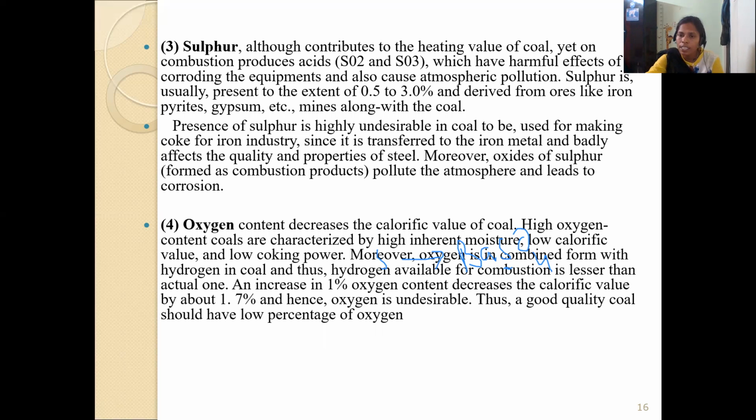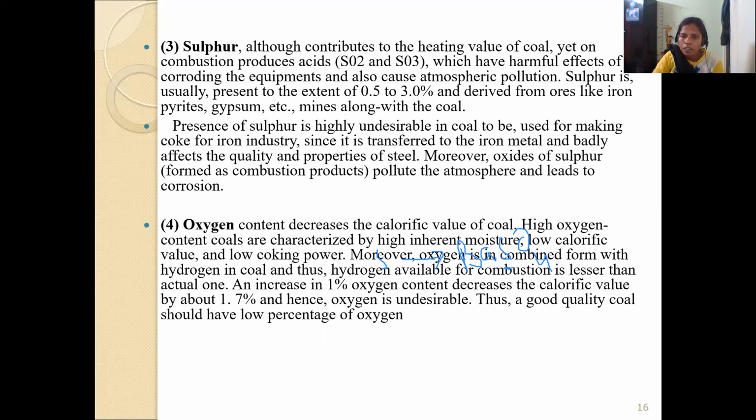And the last one, oxygen content decreases the calorific value of coal. High oxygen content coals are characterized by high inherent moisture, low calorific value, and low coking power. Moreover, oxygen is in combined form with hydrogen in coal, and thus the hydrogen available for combustion is lesser than the actual amount, because whatever oxygen is there is available only in the combined state. So free oxygen is not available.